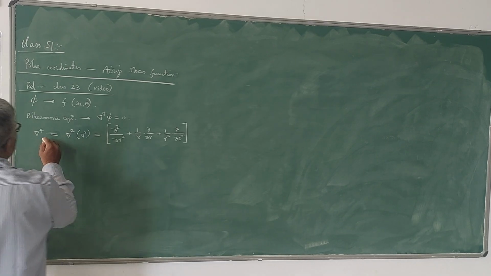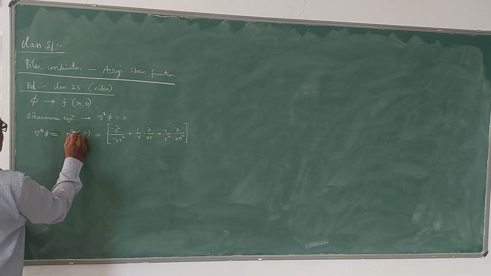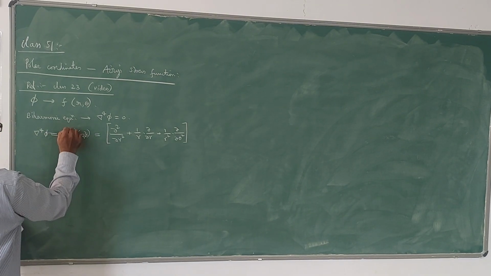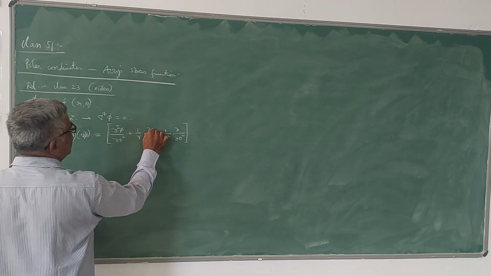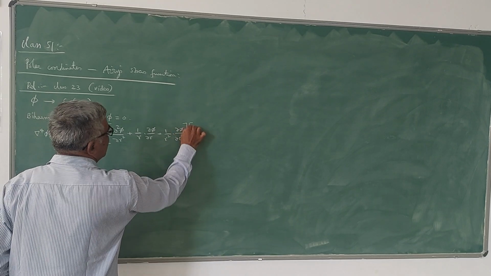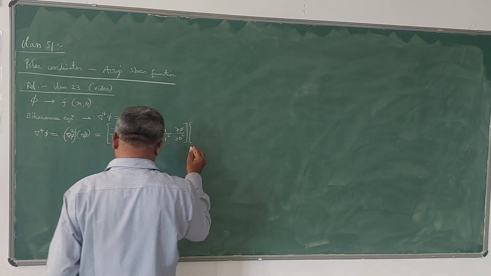So here this can be written as del square of del square, like this. So two times like that also you can write. So phi will be there. Same thing will come here.